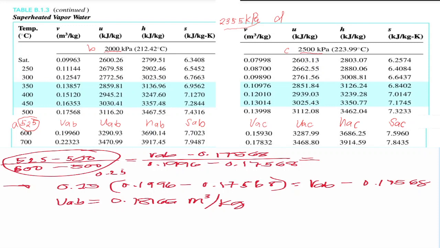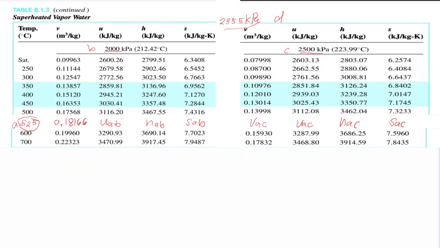So we have this value VAB, which is equal to 0.18166. Again, we have to find the value of the VAC, specific volume, at 525 degrees Celsius and at 2500 kilopascal. So it's the same.